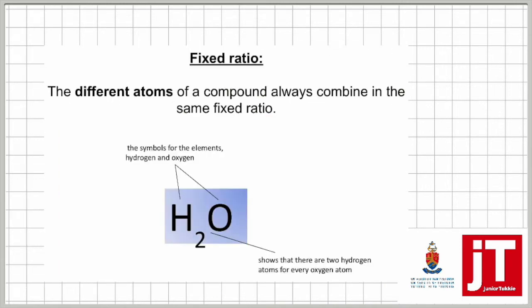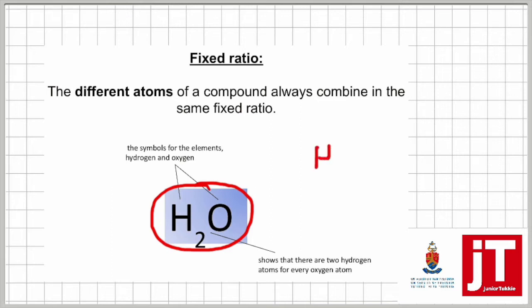Let's spend a little time talking about how we write down the formula for substances. Because water is always in the ratio 2 hydrogens to 1 oxygen, we write down the formula as follows.